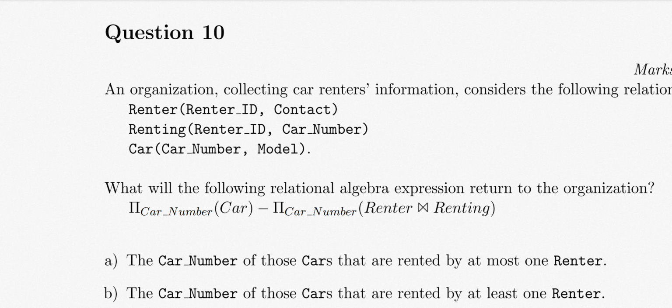So we get the whole column of car number in which the render ID is the same in the rending and the render. So it is minus from the car number projected. From the car number projected, the second one is minus, right?